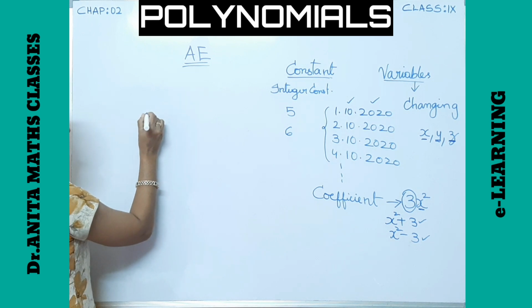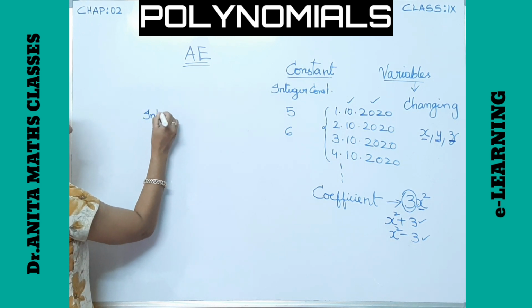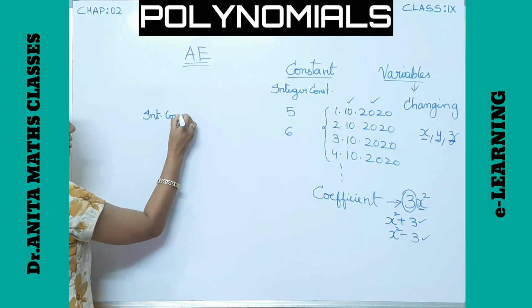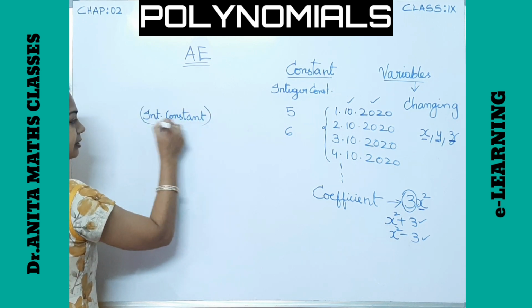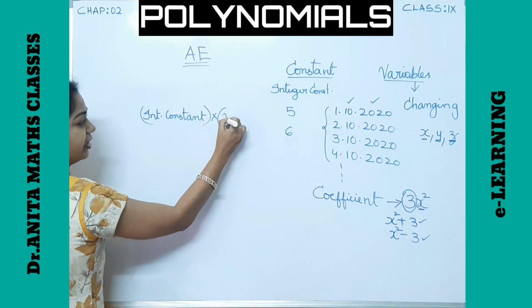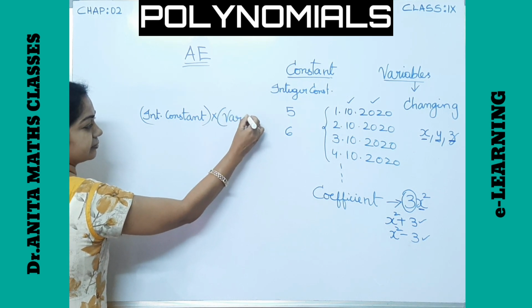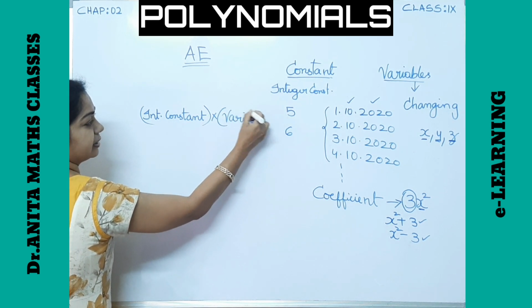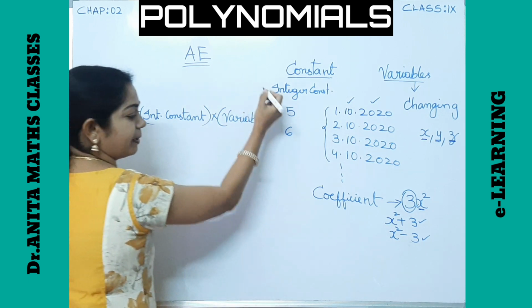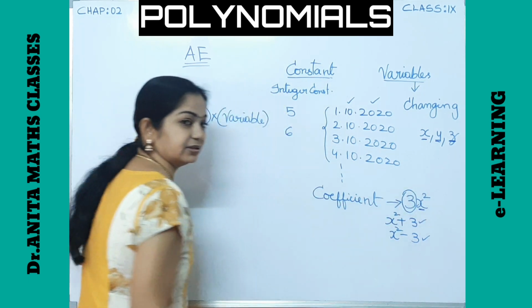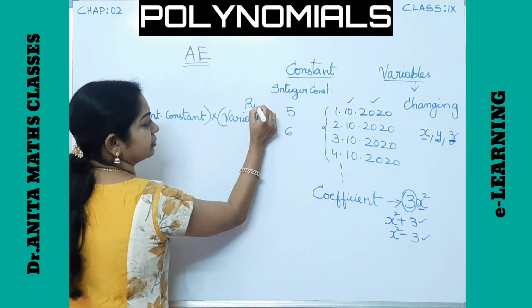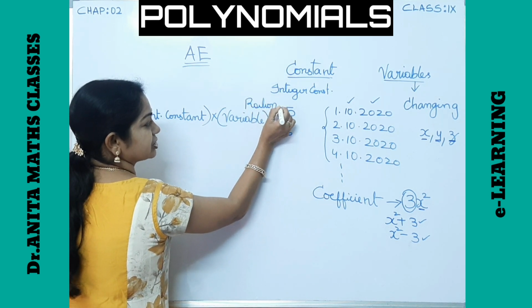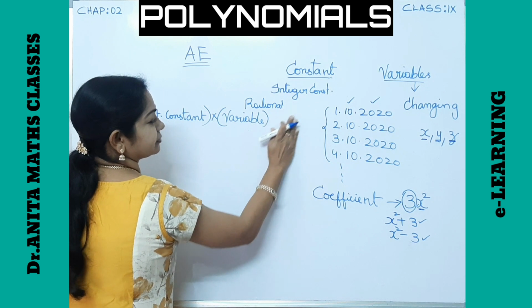If you generalize it, an algebraic expression is an integer constant multiplied by a variable, to the power, exponent to the power of a rational number, the power is a rational number.